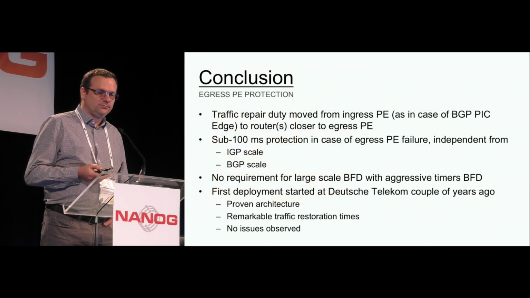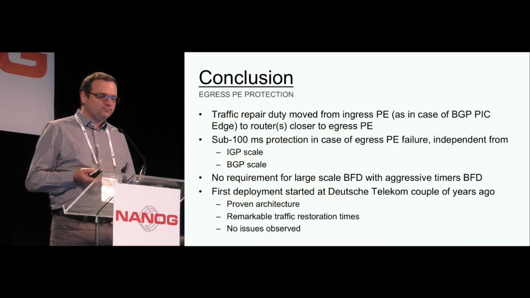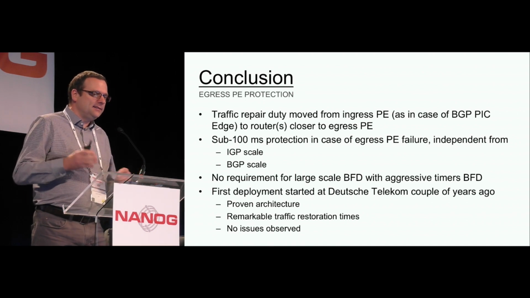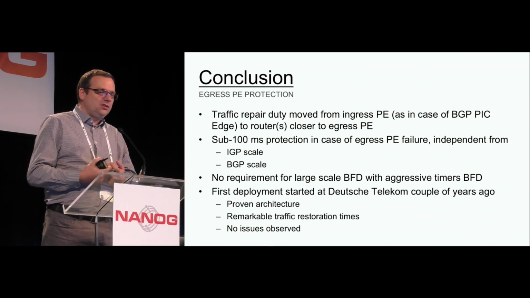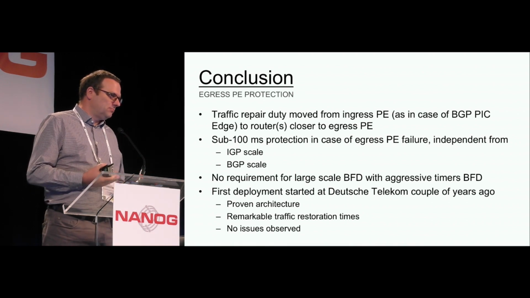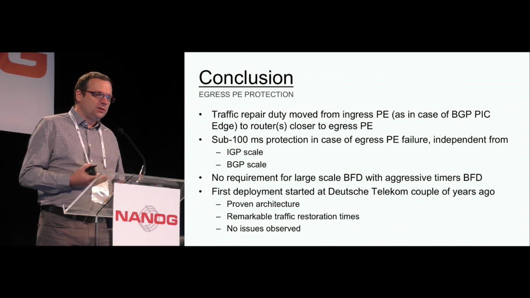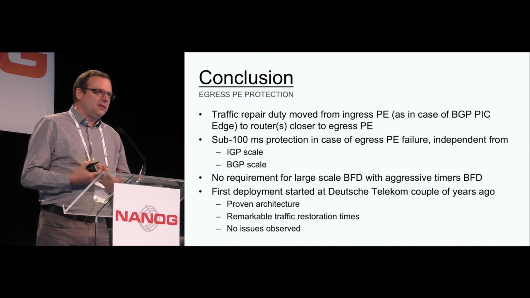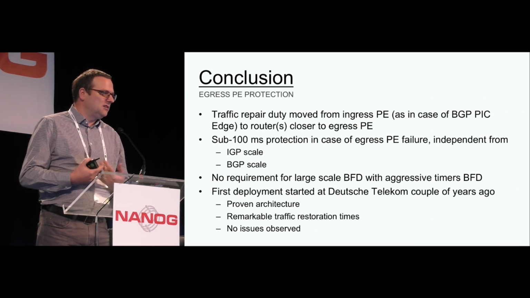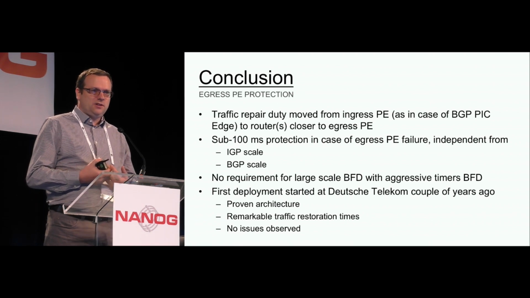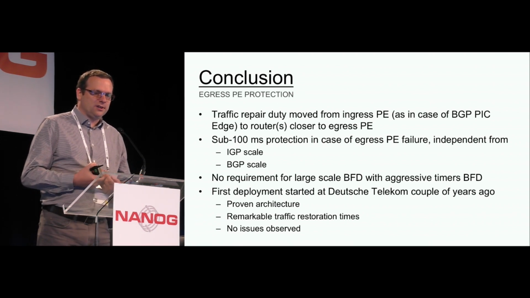All right, so the conclusion here. The idea is that this protection is moved from the ingress PE, as with BGP PIC Edge, to some node which is very close to the egress PE. Because it's moved to a node very close to the egress PE, the reaction can be much faster, because we don't need to wait for convergence, IGP convergence for example, to redirect the traffic.